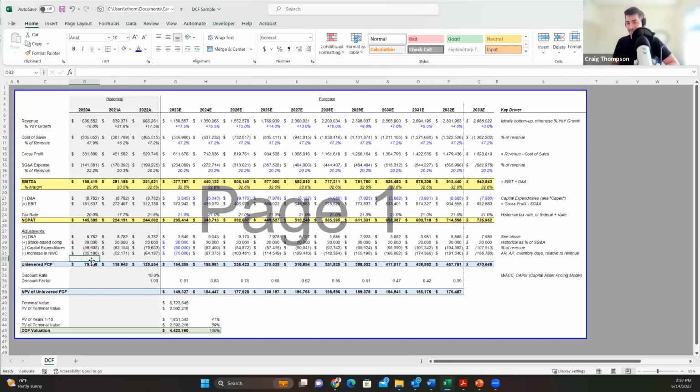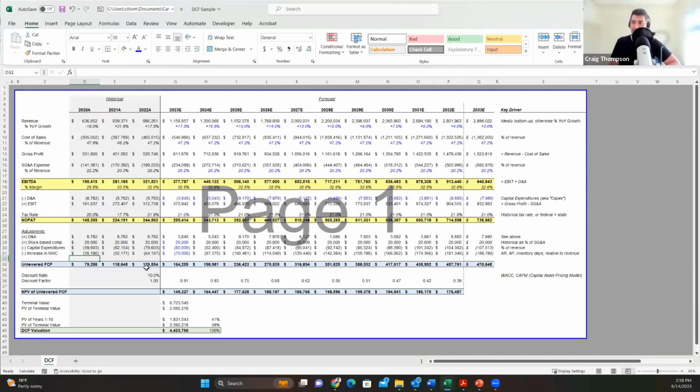And if you have debt, then you have interest expense. And when we calculated our NOPAT, we specifically excluded interest expense. So that's basically the idea between levered and unlevered free cash flow. So unlevered free cash flow means we took out the impact of leverage. And levered free cash flow means we included the impact of leverage.